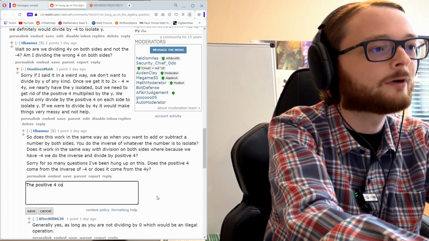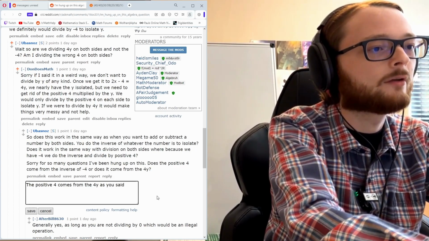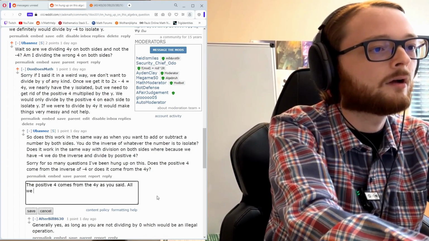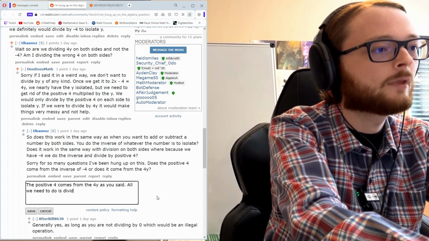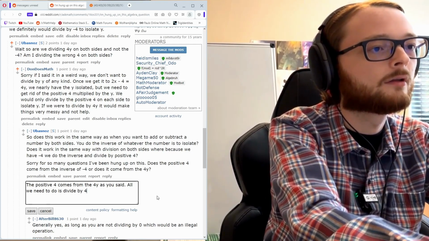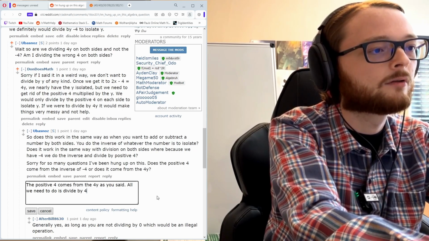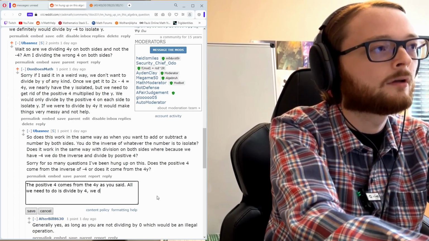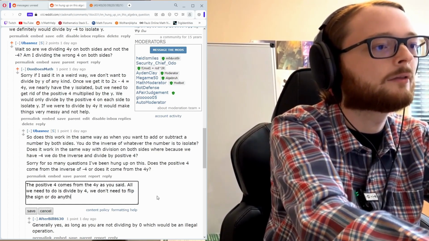The positive 4 comes from the 4y, as you said. All we need to do is divide by 4. We don't need to flip the sign or do anything extra.